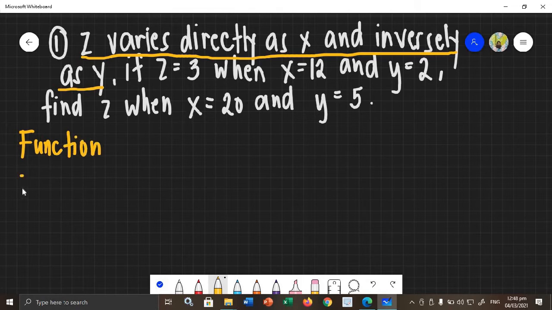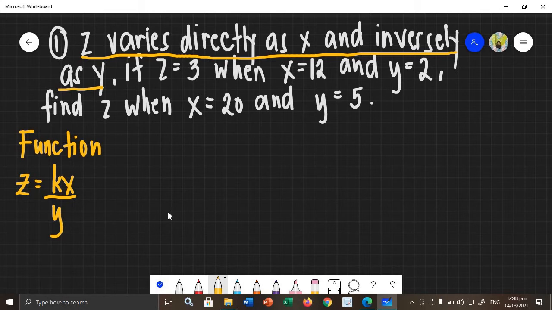If we write that into a function, it becomes z is equal to kx over y, wherein k is the constant of variation.